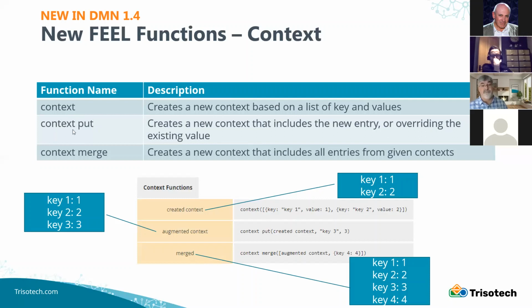And we have a context put, where you can actually create a new context that includes the new entry or overriding the entry. And we have a context merge that creates a new context that includes all entries from a given context. So in here, you have 3 examples. I've put them here in a context box to show the example rather than writing 3 separate examples, but they're there and showing you the results.